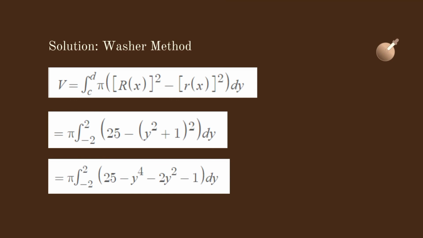Substituting the value of the outer radius and the inner radius, we have pi the integral of 25 minus the quantity y squared plus 1, squared, dy, integrating from negative 2 to positive 2. Using the FOIL method on our given inner radius, y squared plus 1, we get pi the integral of 25 minus y to the 4th minus 2y squared minus 1 dy from negative 2 to positive 2.